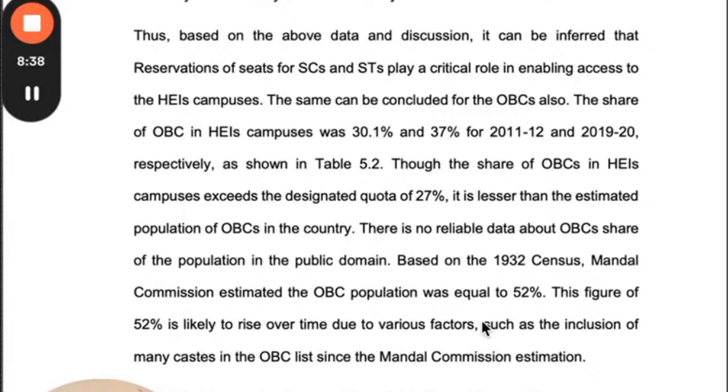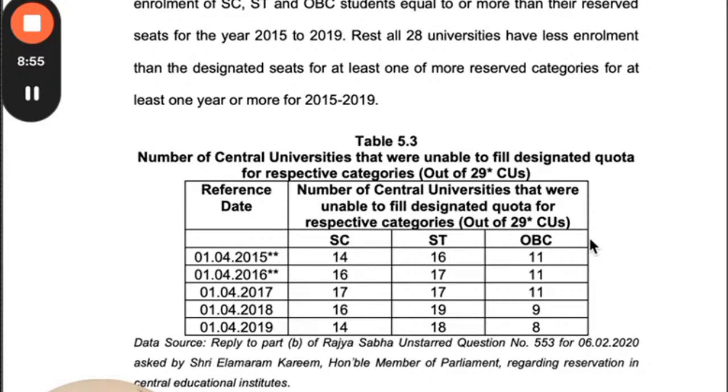Now roughly there are around 40 central universities, but we are going to discuss only 29 central universities here, for which the data is available. Out of these 29 central universities, what is noticed is that only one, Hyderabad Central University, had enrollment ratios of SC, ST, OBCs more than the reserved seats.